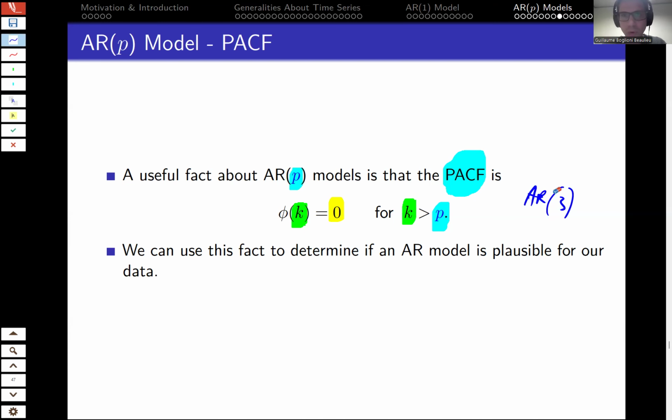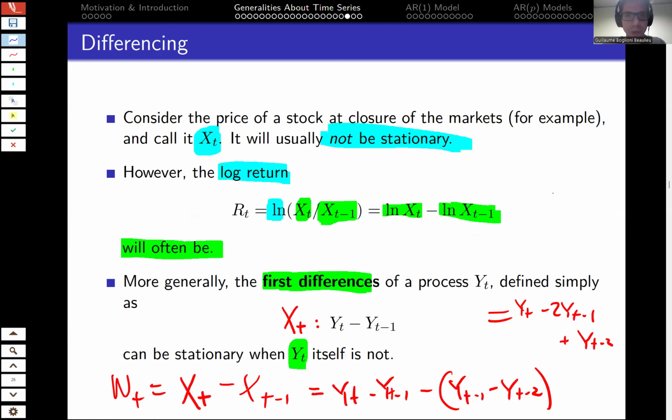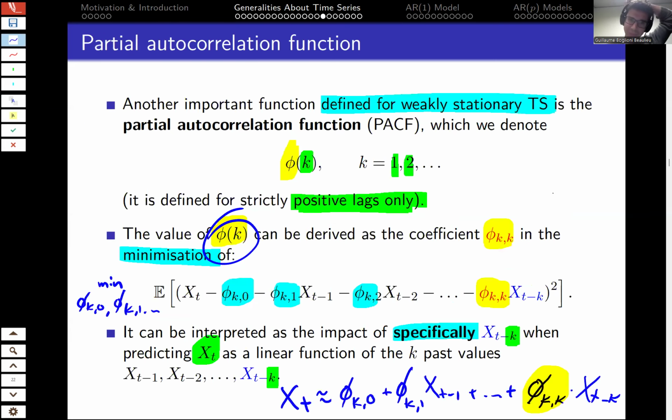And maybe it's worth it to go back to the slides about the partial autocorrelation, which are here somewhere.